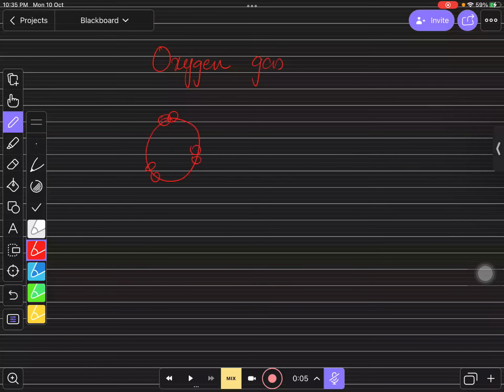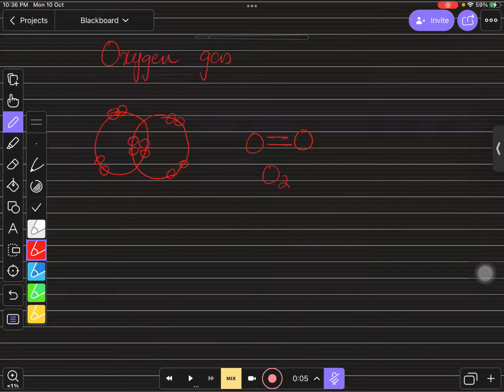Each oxygen requires at least 2 electrons to complete its octet, so definitely 2 electrons are going to be shared. In this way, oxygen shares 2 electrons with the second oxygen and forms the oxygen molecule. If you talk about the bonded electrons here, each bond has 2 electrons, so bonded electrons are 4 here.